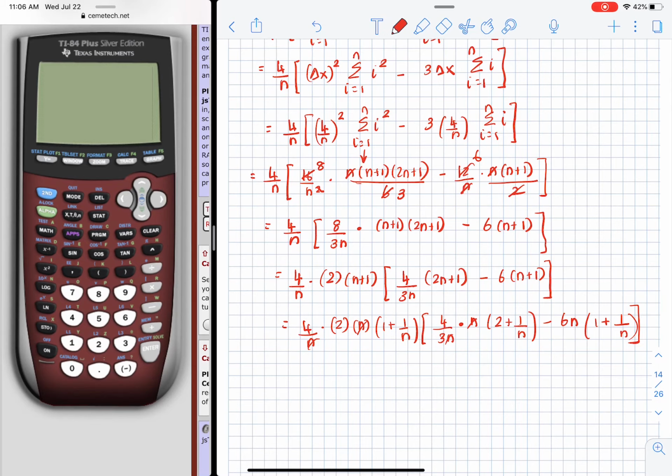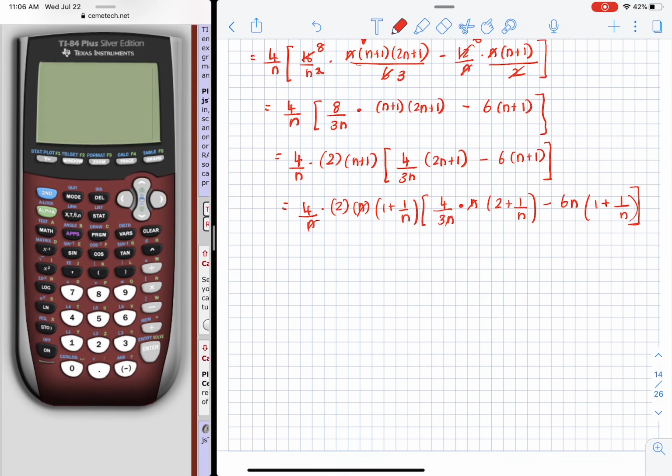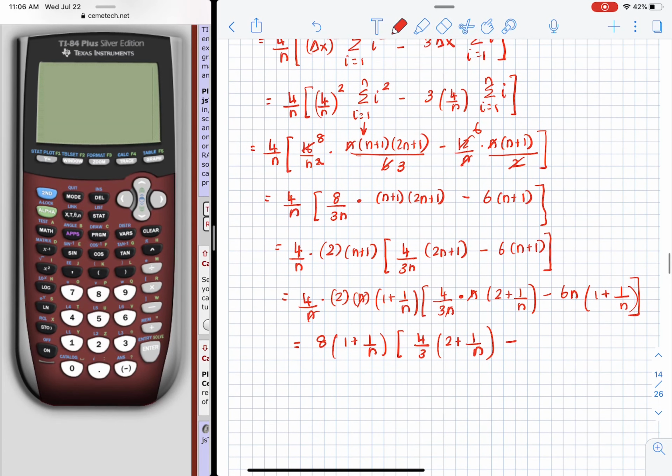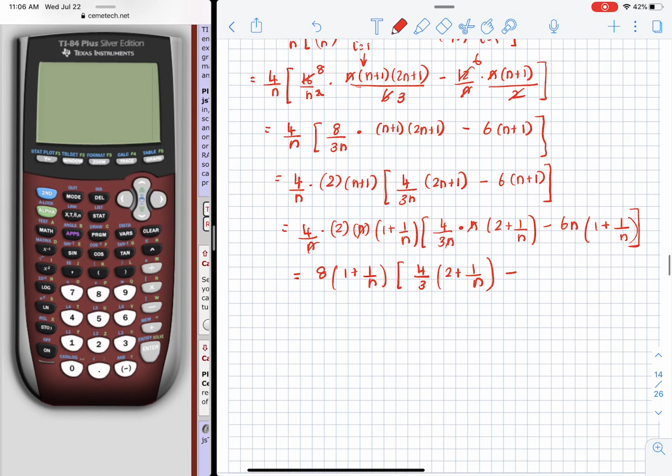The n there would get cancelled. So we would have 8 times 1 plus 1 over n multiplied by 4 over 3 times 2 plus 1 over n minus 6n times 1 plus 1 over n.